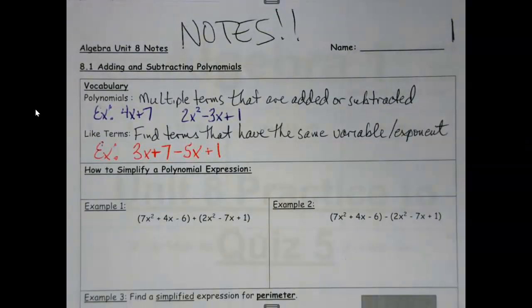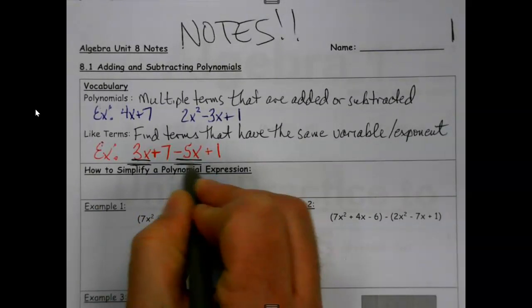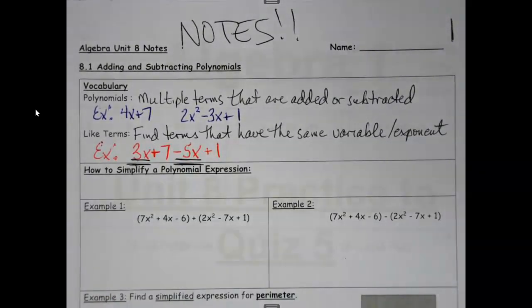Okay, so let's say I've got a polynomial, a little bit bigger this time. 3x plus 7 minus 5x plus 1, and we want to simplify. We want to do what's called combining like terms. I'm going to go looking for things that, as Aiden was saying before, are the same. So here, the 3x and the negative 5x are the same.